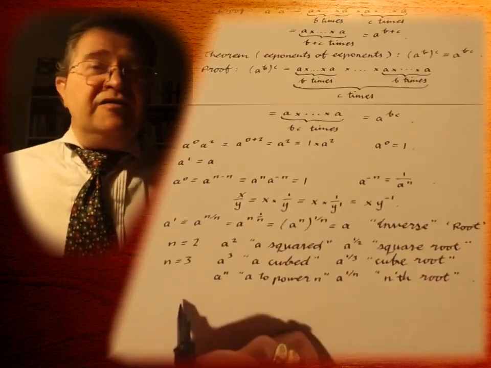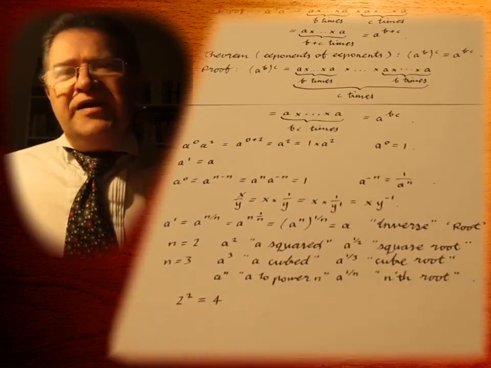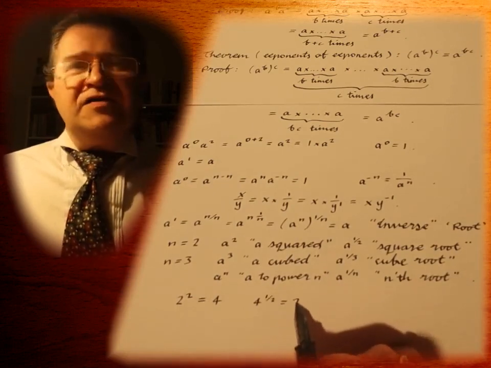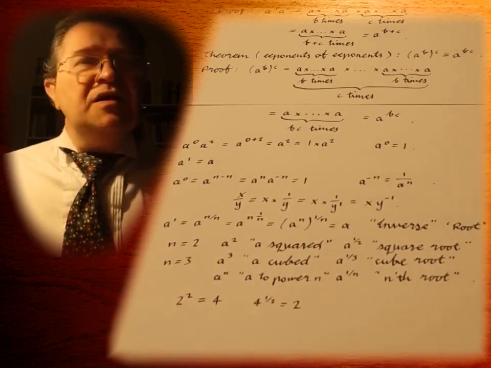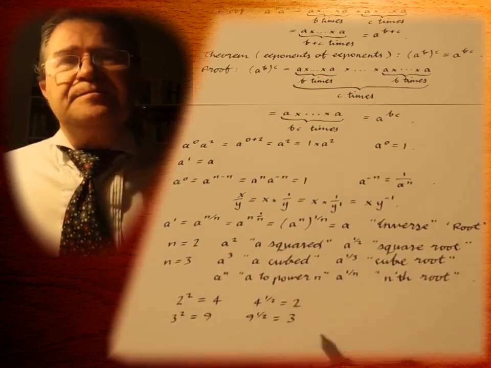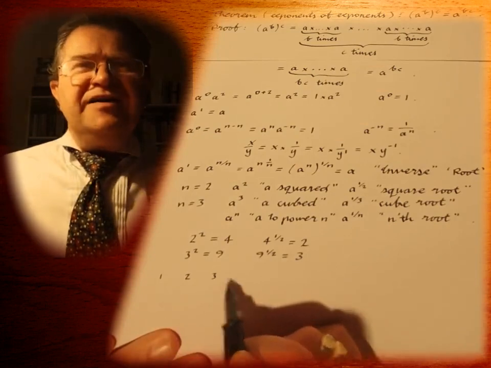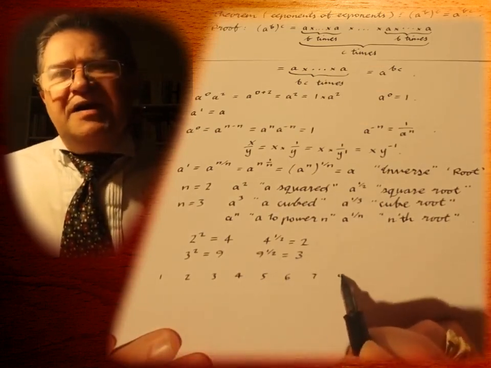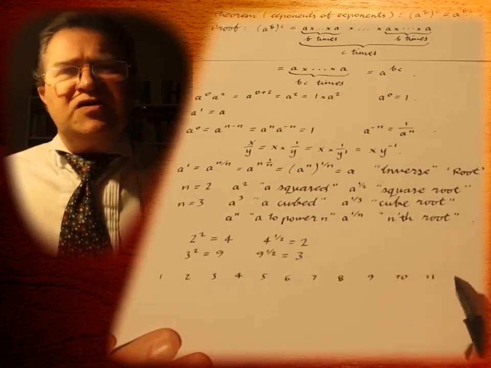So for concrete examples, 2 squared is 4, ergo 4 to the half is 2. 3 squared is 9. Root 9 is therefore 3. Now, regarding square numbers, GCSE Maths expects students to know the first 12.